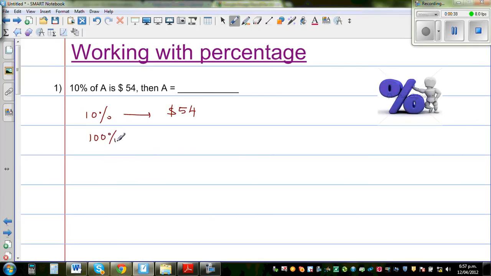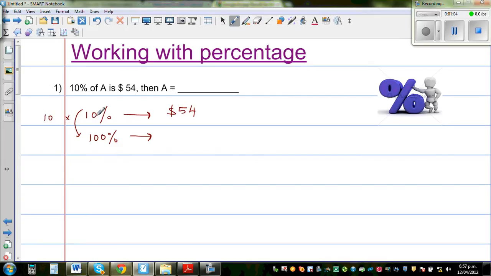If you look at any question on percentage, or in fact any question in a proportional manner, you will find it quite easy. If 10% is 54, and I want to find 100%, I'm asking the question, 10 goes into 100 how many times? 10 times 10 is 100.